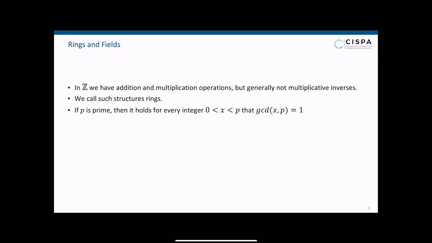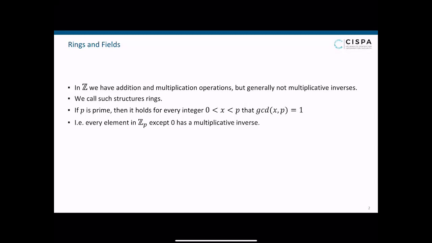Now, we know that if p is a prime, then it holds for every integer x between 0 and p that the GCD of x and p is 1. That's what primes are. They don't have non-trivial divisors.